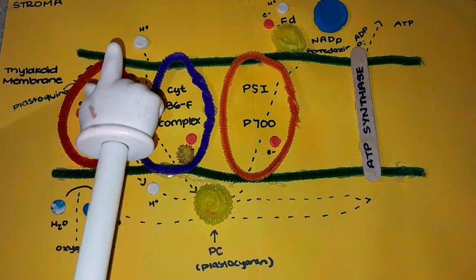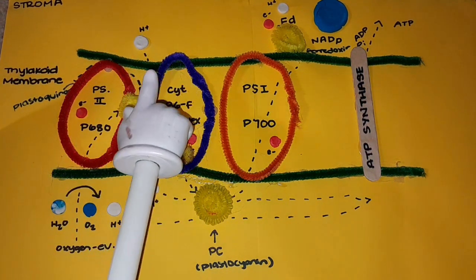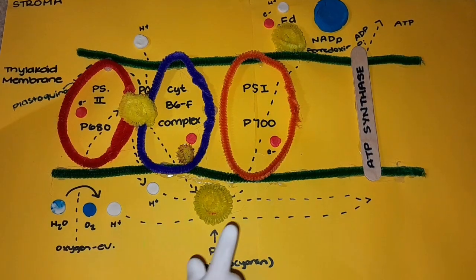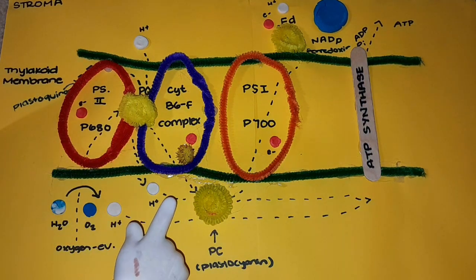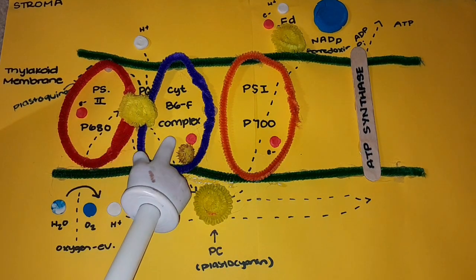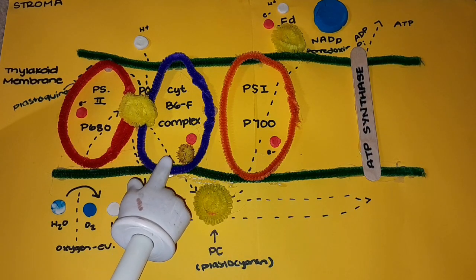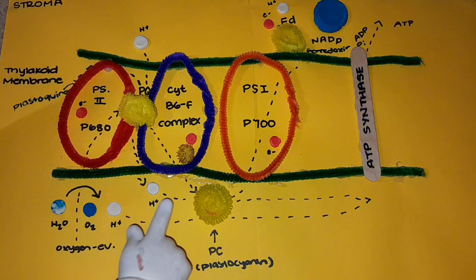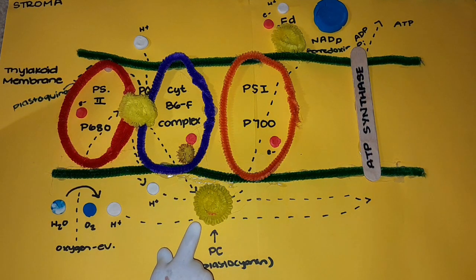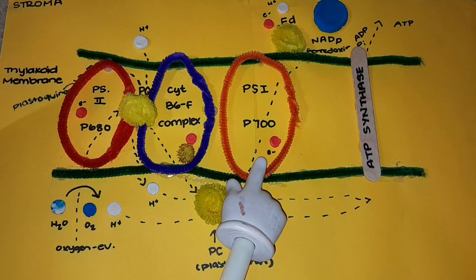Because of that movement of protons, this produces a concentration gradient. Then electrons from the cytochrome move to the peripheral protein called plastocyanin, a copper-containing protein, which transfers the electrons to photosystem 1.